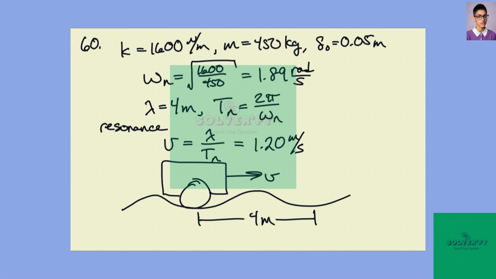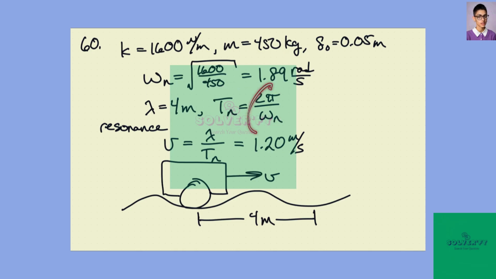The speed, if we go from here to here at a uniform speed, is the distance from here to here, which is the wavelength, divided by the time that it takes, which is this period. We know we want the period to be the natural period of oscillation.